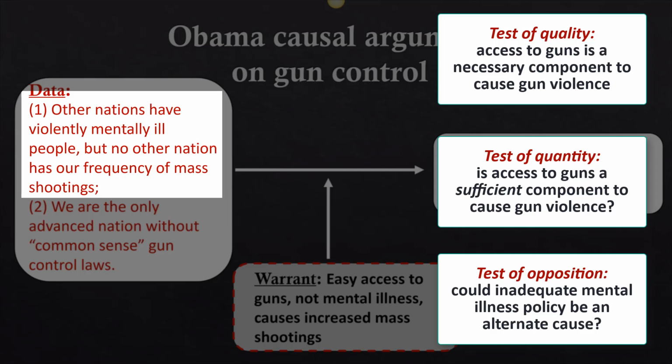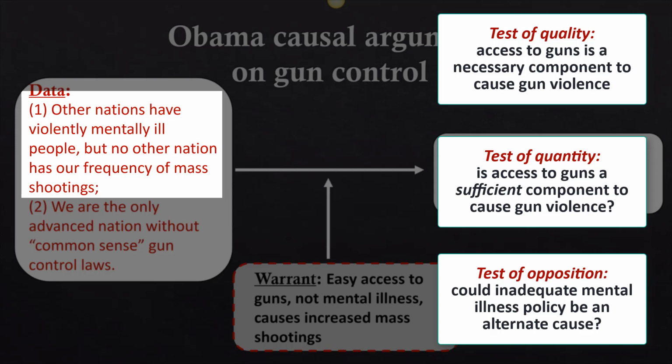But one might point out that, well, perhaps the alternate causality is not necessarily the easy access to guns, but the fact that while we do have mentally ill people in our society just like other nations do, perhaps our nation isn't dealing with our violently mentally ill as effectively as other nations might be. Perhaps we need to do more in the area of proactive, preventative care, as well as being able to provide the treatment to the mentally ill that would enable them to ultimately avoid these kinds of behaviors. So that might be an application of the test of opposition.